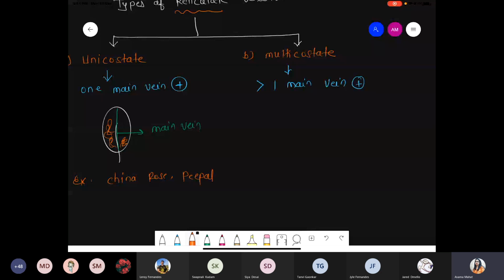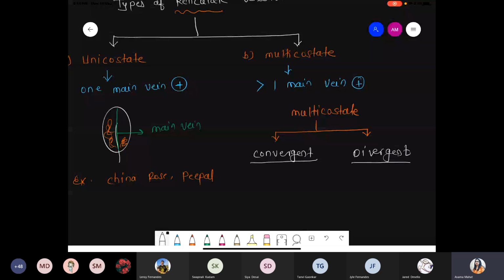So multicostate is again divided into two types: number one, convergent, and the other one, divergent. Simple meaning to remember: convergent and divergent.